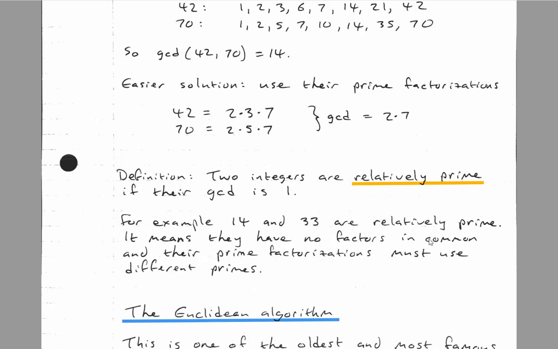So that means they have no factors in common except for 1, and their prime factorizations must use different primes. 14 is 2 times 7, 33 is 3 times 11. So they're using different primes.